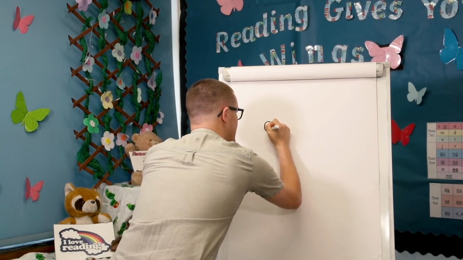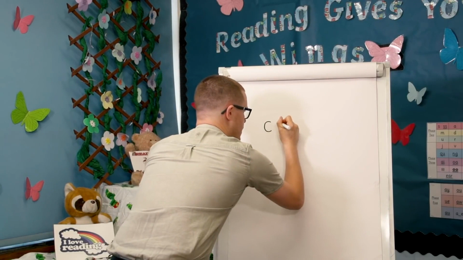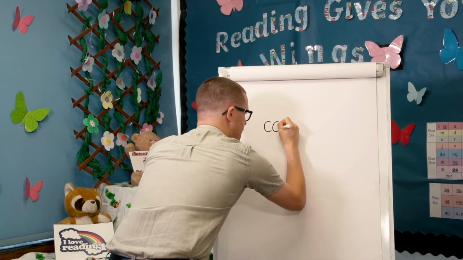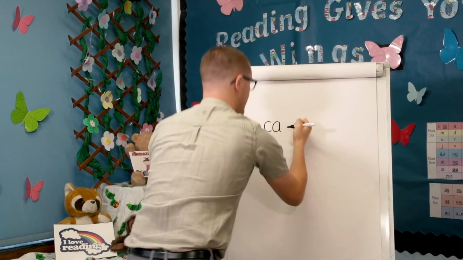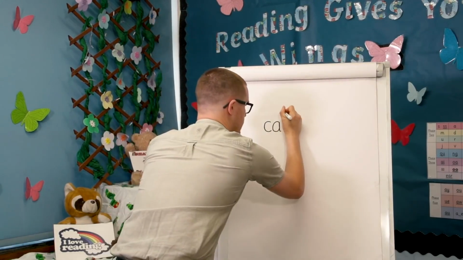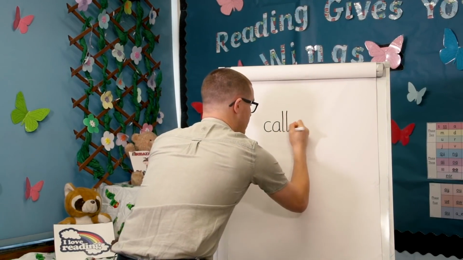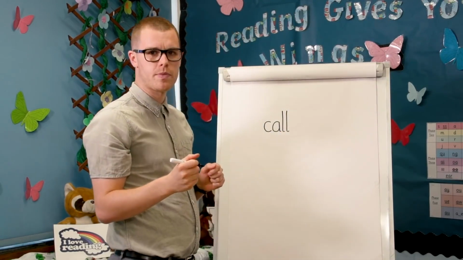Well, the first bit is easy. It says k. The second bit is tricky. The letter A says or. Then it's double L for l.